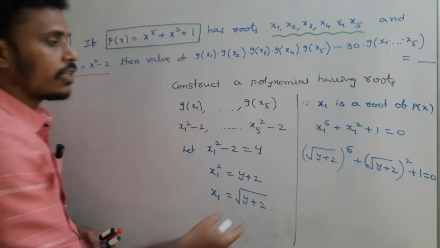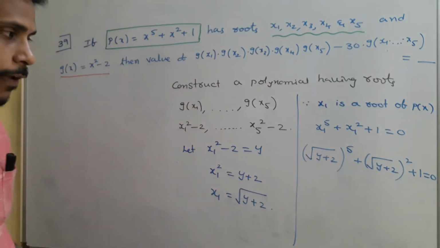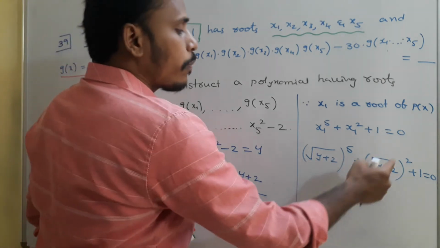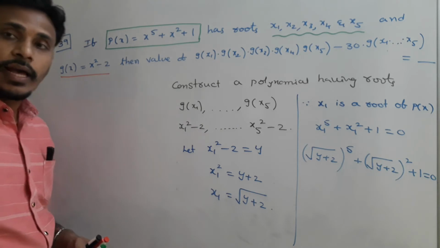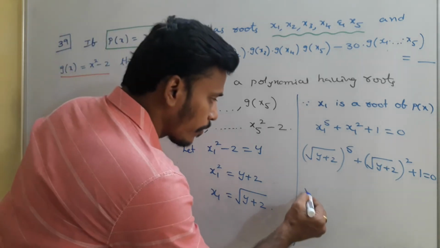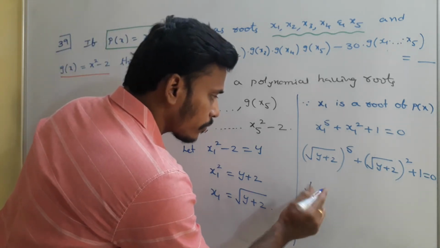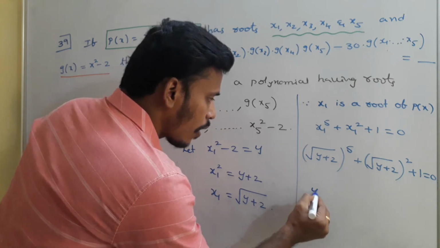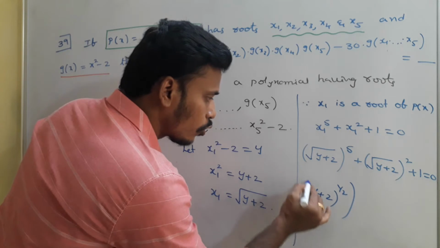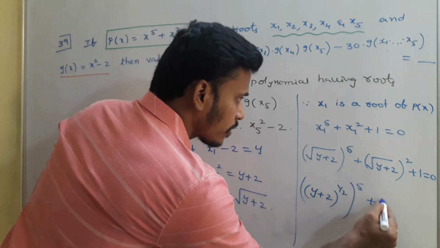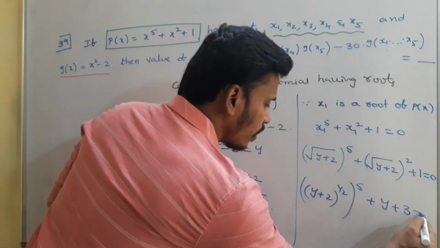Very simple idea. Root of y plus 2 whole square is y plus 2 only. So I will rewrite it like this: y plus 2 to the power 1 by 2, to the power 5, plus y plus 3 is equal to 0.